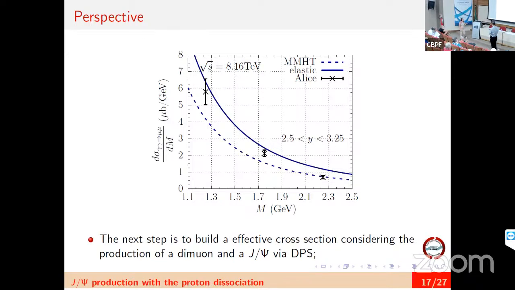Then we can draw conclusions about what is happening, for example, in the distribution of the photons inside the nucleus, or the proton in this case. So in this case, the correlation between two photons or between one photon and one gluon. Yes, on the target that is allowed to break, so it could be a proton in the case of double J-psi, or a photon-gluon in the case of the muon with dissociative J-psi. Okay, I see. I understand.